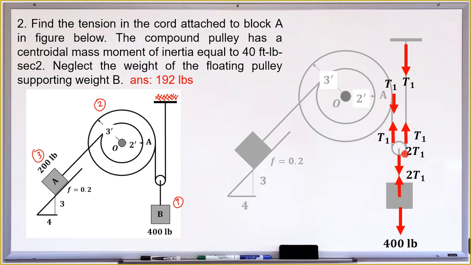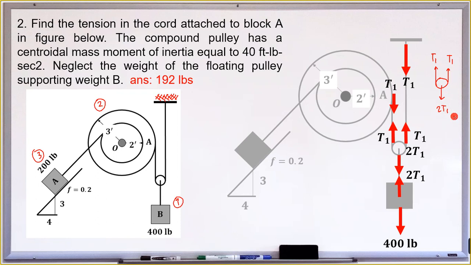So why 2 T1? Because if we take the summation of forces along this floating pulley, we find out, as I also explained in our consultation on quiz number 1 for dynamics, that the T below is twice the forces upward to keep the floating pulley in equilibrium.